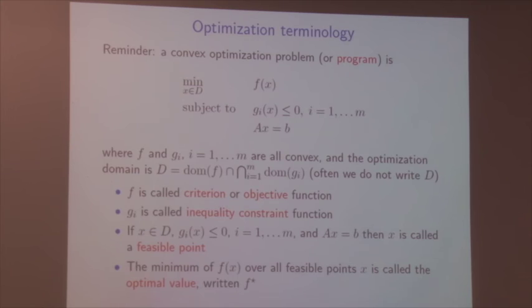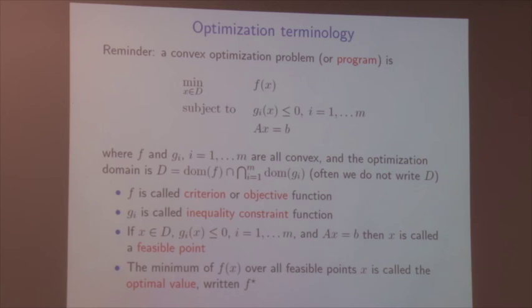So let's go over the basic terminology, which I think some of you have figured out. I've got minimization over some set D, which is the intersection of the domains of F and G. I want to minimize F. So F is going to be called the objective function. Some of you may see it called the criterion function. I tend to call it the objective. G gives us our inequality constraints. Notice that we got rid of the H notation because we're talking about a convex problem, so H is necessarily affine.